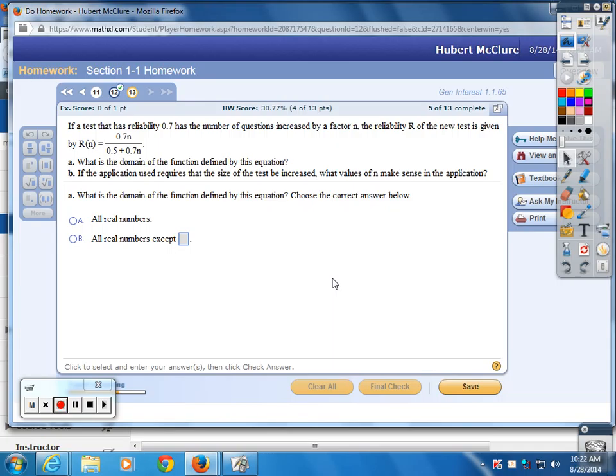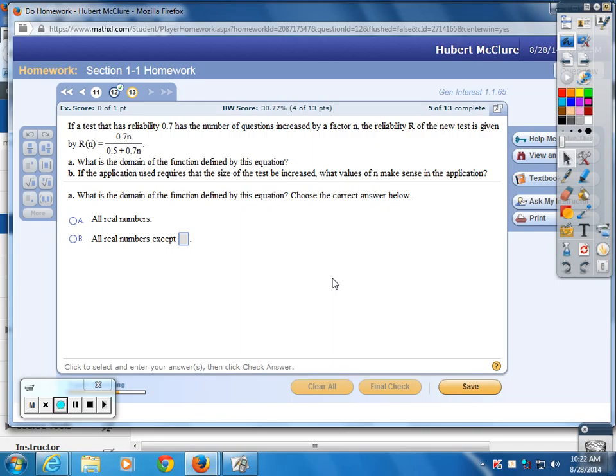It says, if a test that has a reliability of 0.7 has the number of questions increased by a factor n, the reliability of the new test is the following formula. So just ignore all of that and just say R of n or f of x is equal to 0.7x over 0.5 plus 0.7x.